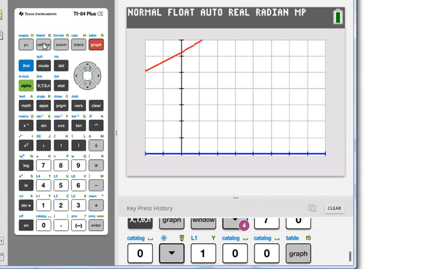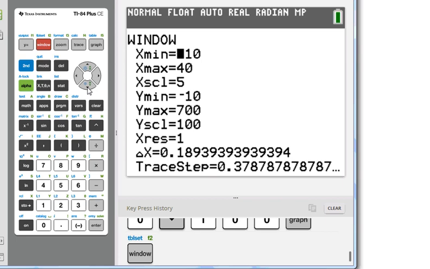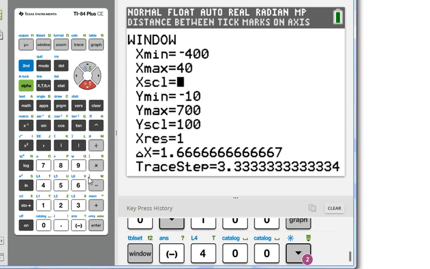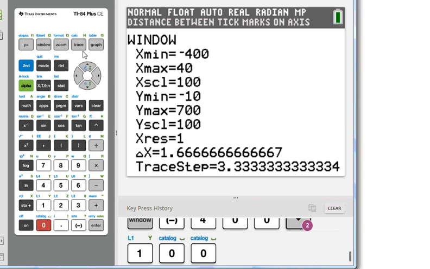So let's take x minimum and make it negative 400, and I'm going to make x scale 100. Okay, here we go.